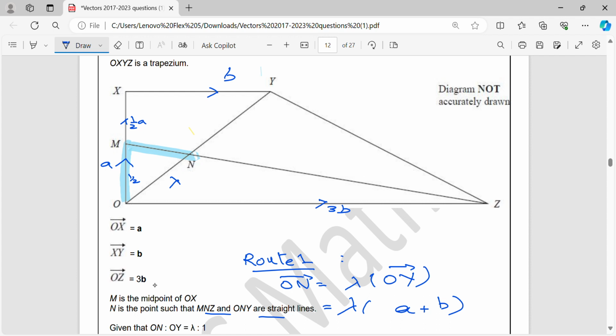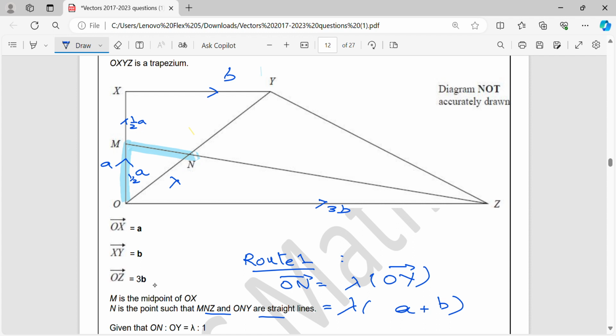OM is half of a. And MN, I don't know, so definitely it's a fraction of the total length, and the total length here is MZ.